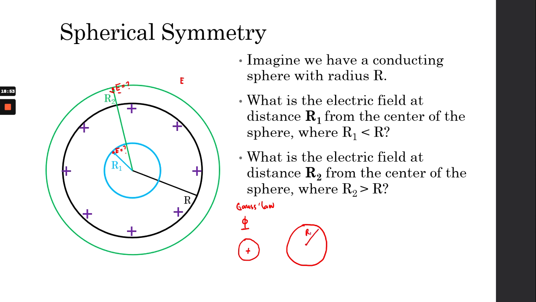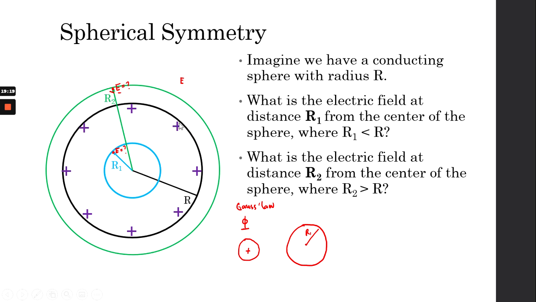Notice now, does this Gaussian surface right here have a charge inside? The answer is actually no, because the charges of the conducting sphere, your original sphere, not the imaginary sphere, are all found on the surface, but this sphere right here is found inside.